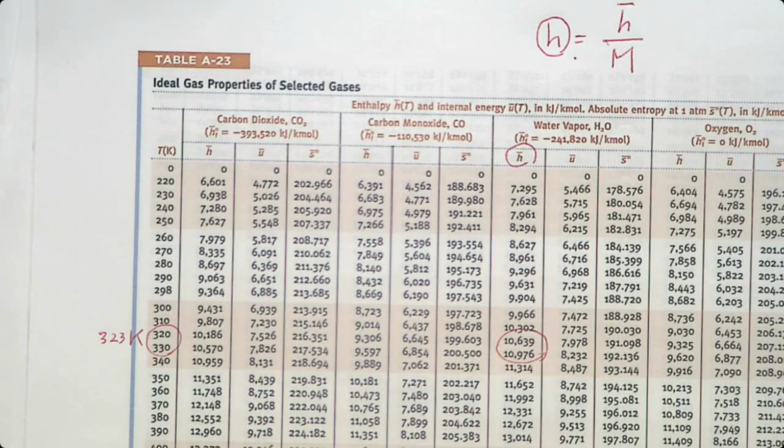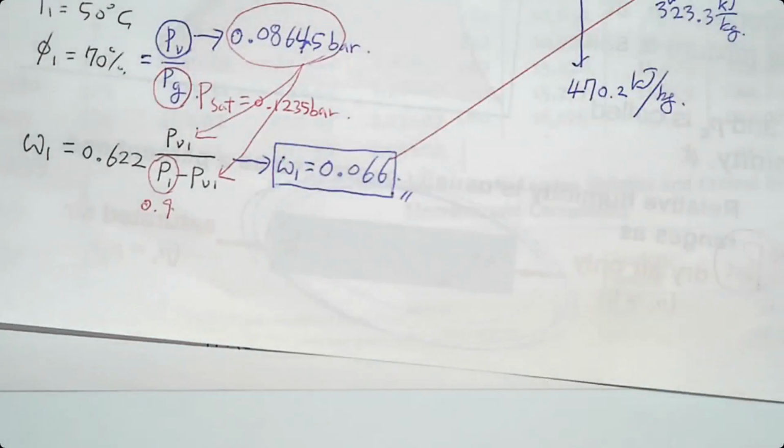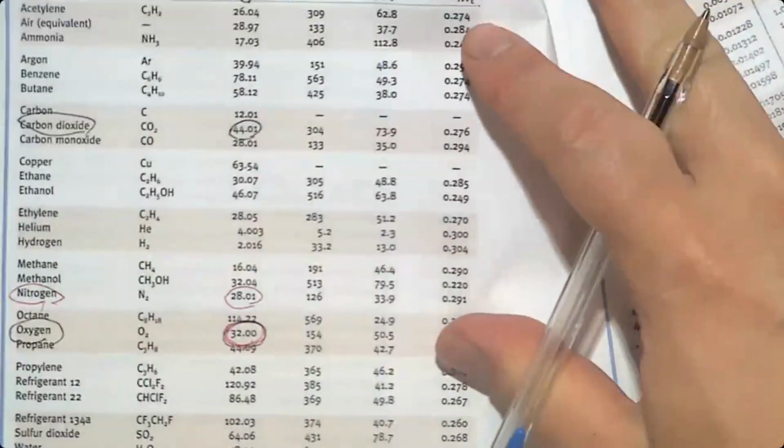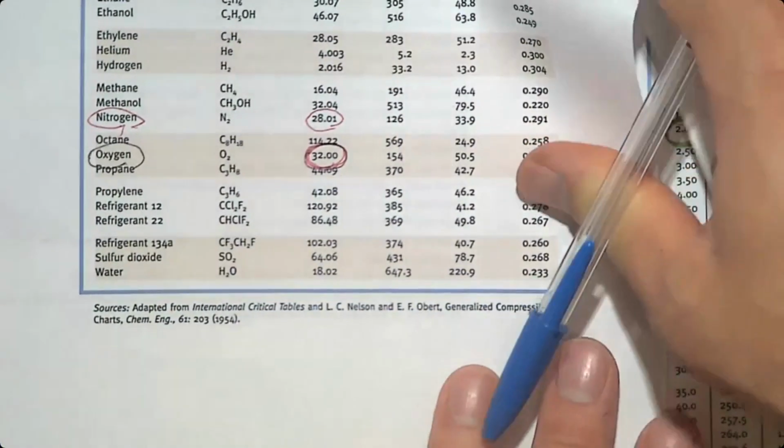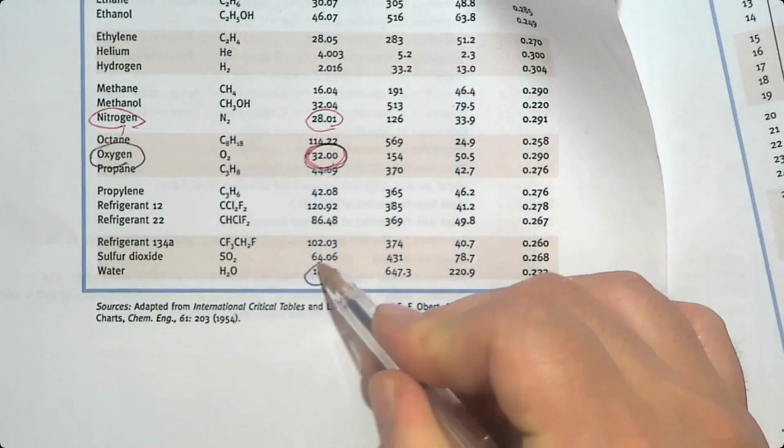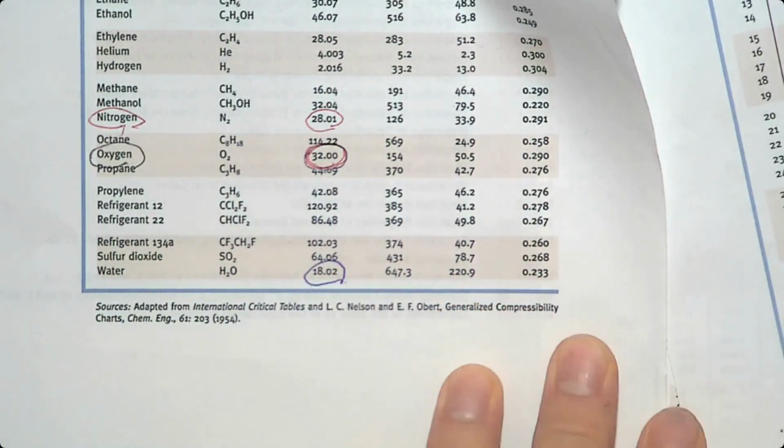Molecular weight. Lowercase m is mass, capital M is molecular weight. Then what is the molecular weight of water? You can go to table A1. So the molecular weight of water, this one, 18.02.